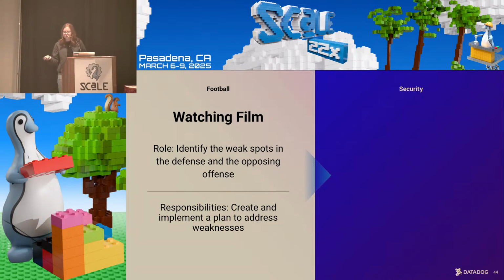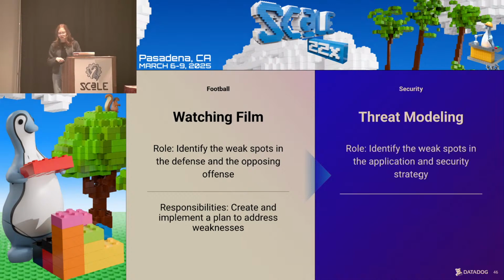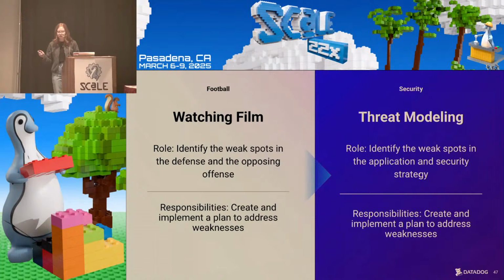And they do this to create a plan to address those weaknesses, which, if we think about it, that's exactly what threat modeling is in the world of security. Our goal is to identify the weak spots in the application and in the security strategy in order to implement a plan to address those weaknesses.